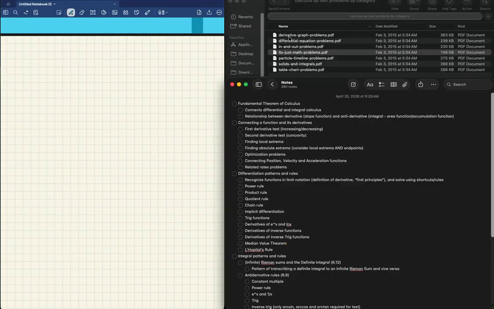And then from there, you can determine all kinds of things, such as increasing or decreasing or concavity of the original function.